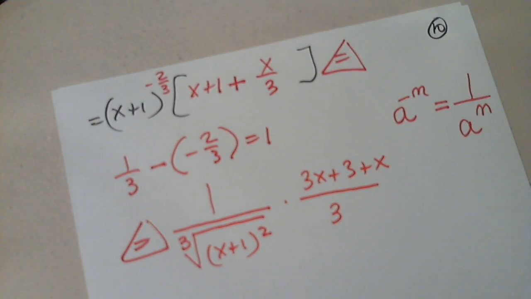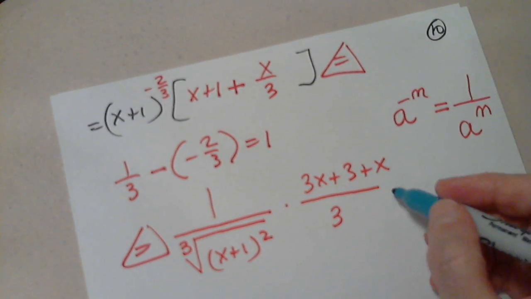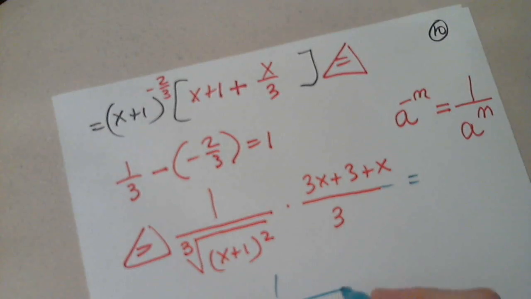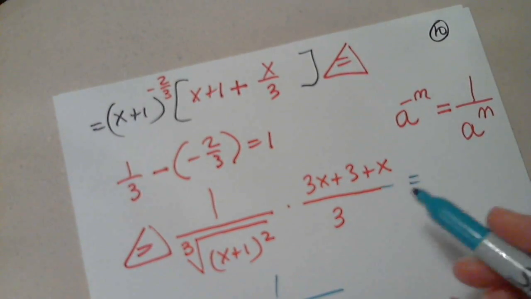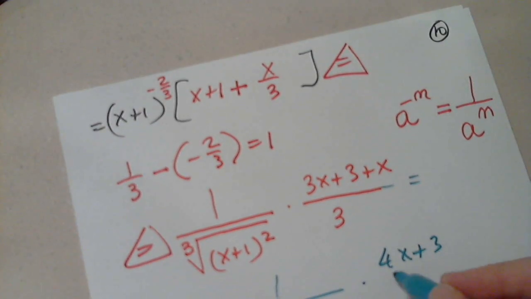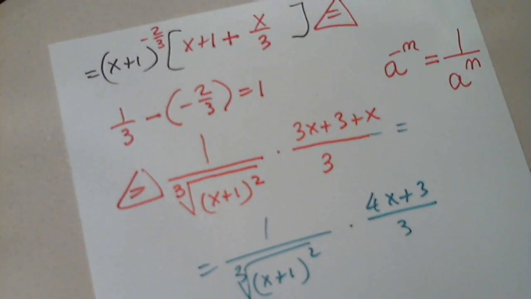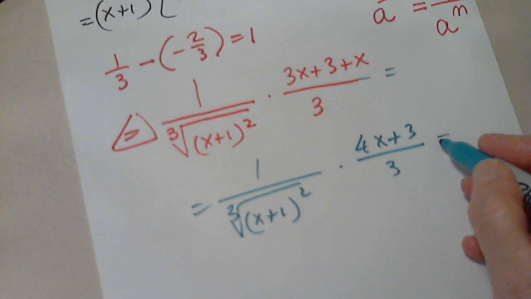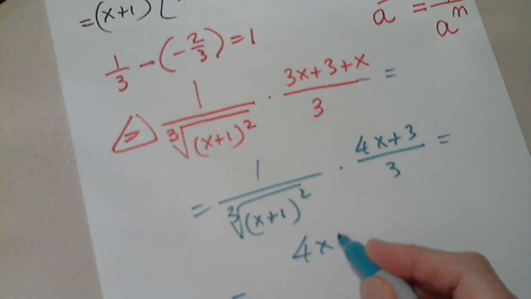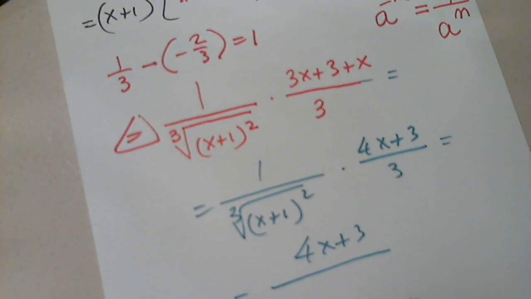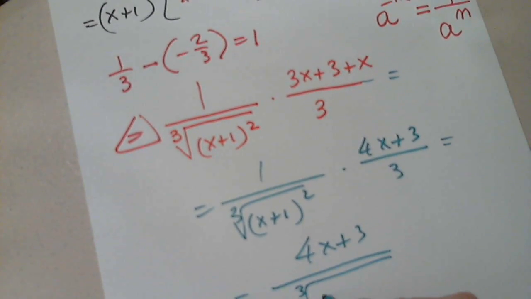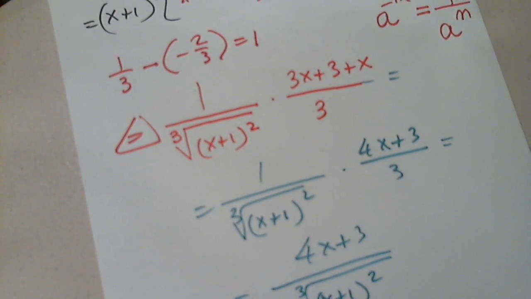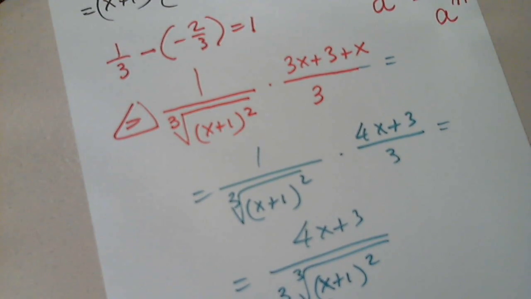Yes, it's a must. So 1 over the cube root of x plus 1 squared, and this is 4x plus 3 divided by 3. You can put this at the top and 3 in front, so that's another way to condense this expression. Yes, this is what we have to get to.